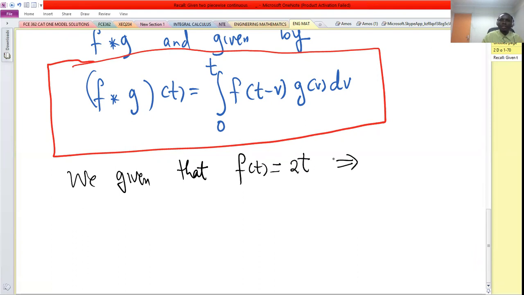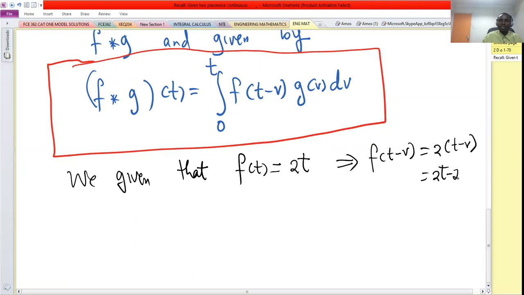So if we go by this definition, f of t minus v will be 2 into t minus v, which is the same as 2t minus 2v. And g of t is given by t power 3, which tells us that g of v will be given by v power 3.